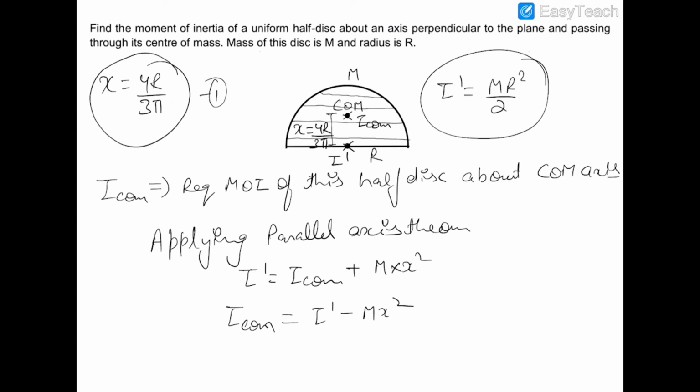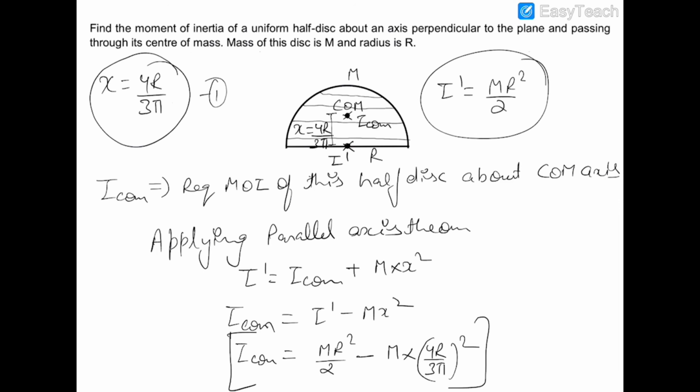Therefore, I can say that the moment of inertia of this half disk about this axis, which is also perpendicular to the plane of the disk and passing through this point, will be mr square by 2. So ICOM will be equal to mr square by 2 minus m into x square, where x is 4r by 3 pi whole square. So this is the moment of inertia of this half disk about an axis which is perpendicular to the plane of the disk, as well as passing through the center of mass.